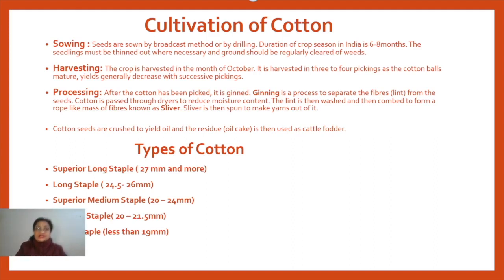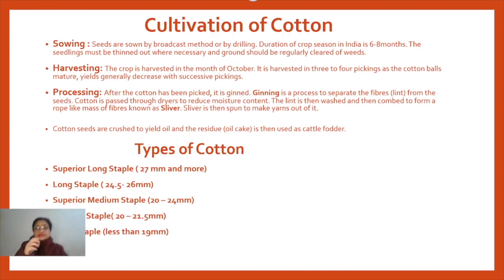And then comes the medium staple, the fourth one. Medium staple cotton has fibers with a length of 20 to 21.5 millimeters. And the fifth one is called short staple cotton, and in that you will find the length of the lint or fibers is almost 19 millimeters or less than that.